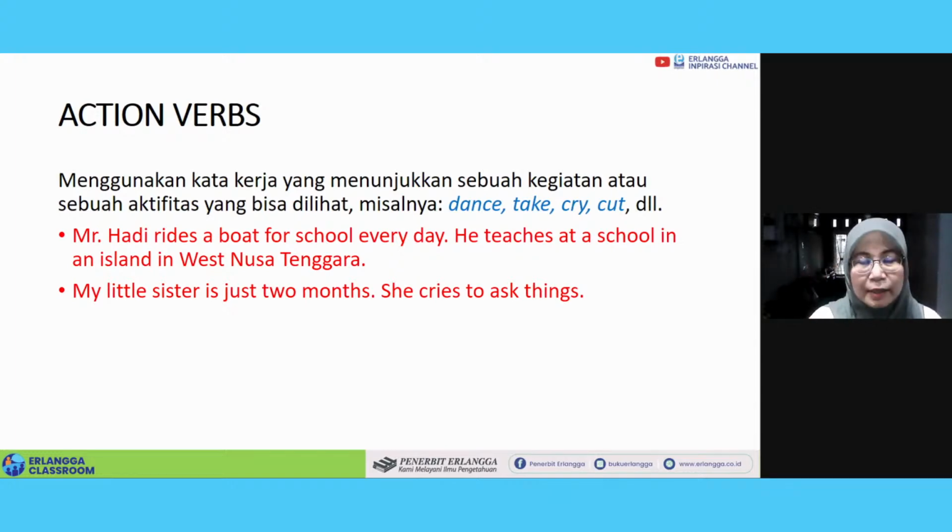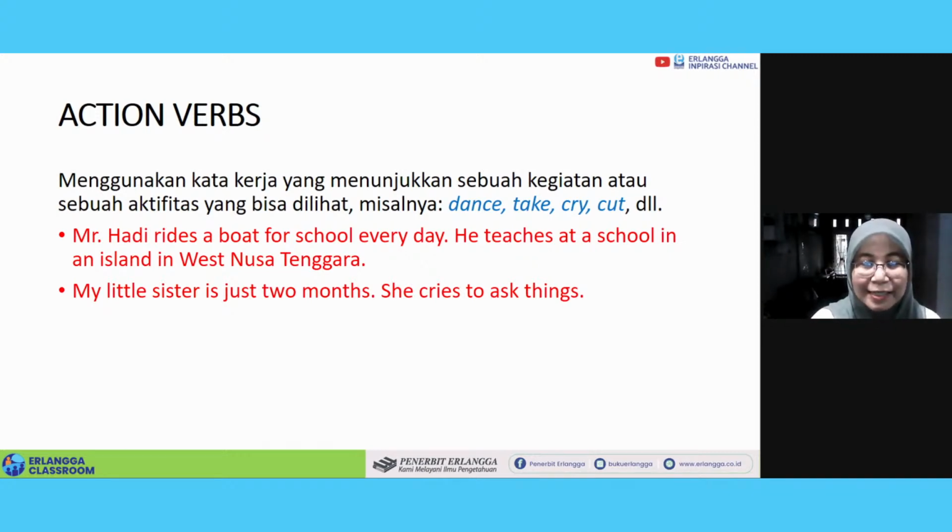Nah, di dalam descriptive text, you use the simple present, and using the simple present, you will also use the verbs. Nah, kita pakai action verb. Action bisa dilihat gitu ya. Di contohnya ada dance, take, cry, cut, dan lain-lain. So, for example, Mr. Hadi rides a boat for school every day.